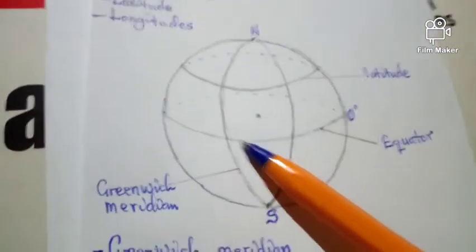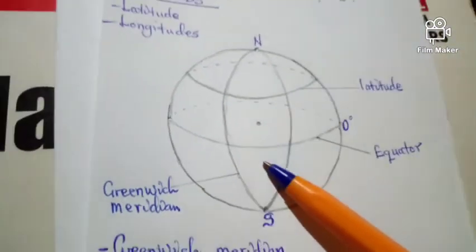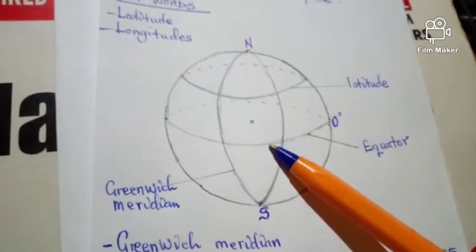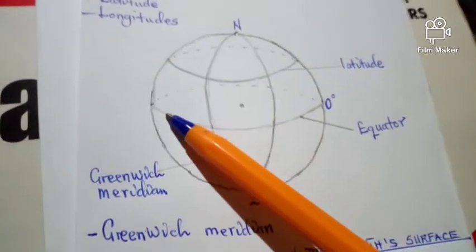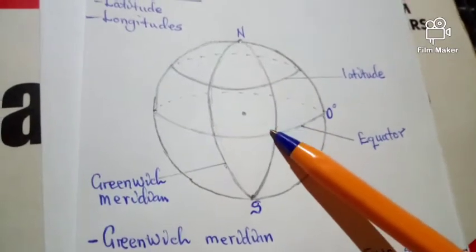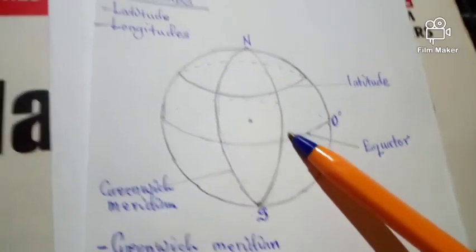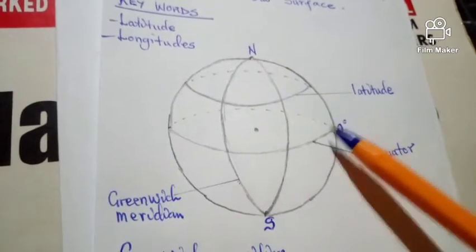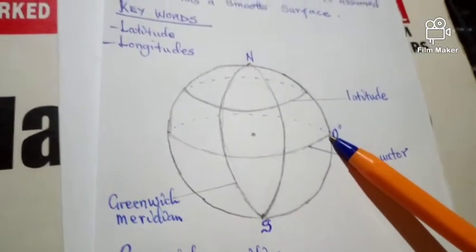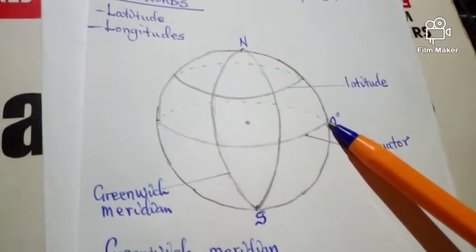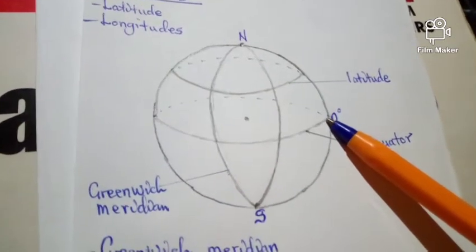Okay. So let's look at the latitudes. Latitudes, as we have said, are the lines that run from west to east, and among the latitudes we have the equator. This equator is also called the Great Circle, and by definition, a great circle are all imaginary lines.